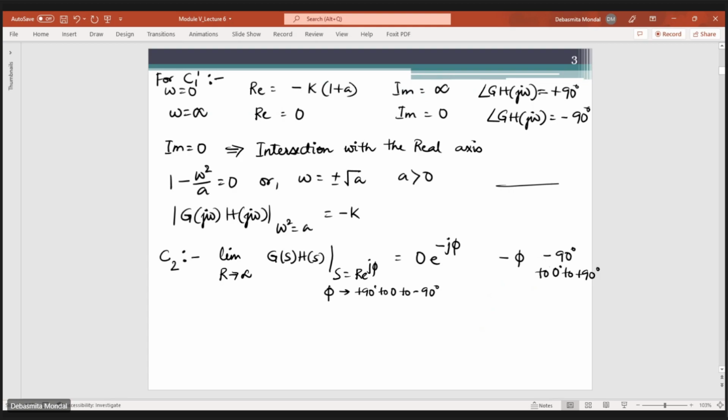So it's not enclosed by the Nyquist plot. So n will be equal to 0, p is also equal to 0, so z will be 0, and we can say that for this gain the closed loop system will be stable. Okay. So is it clear how to draw this Nyquist plot?